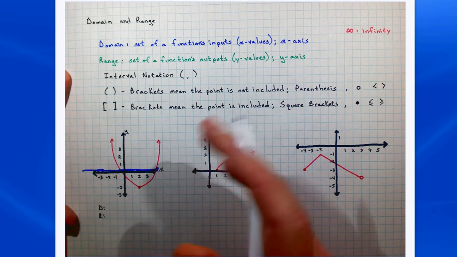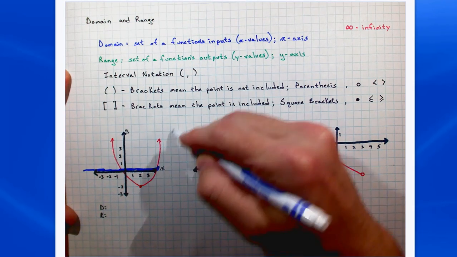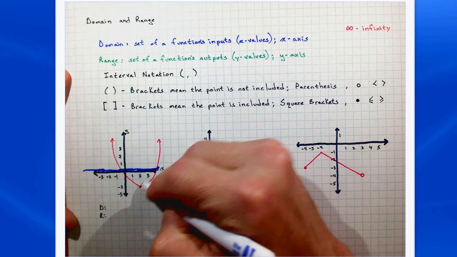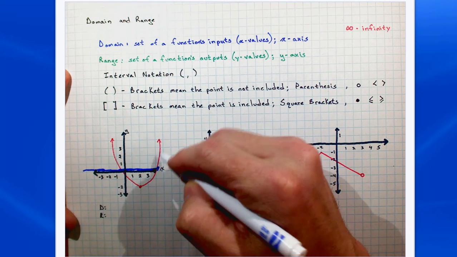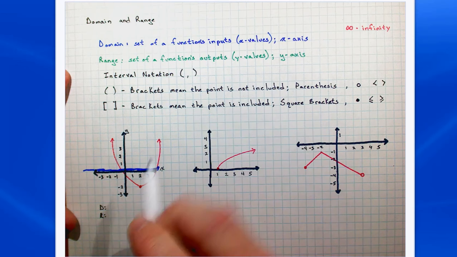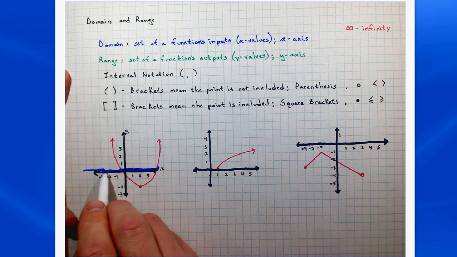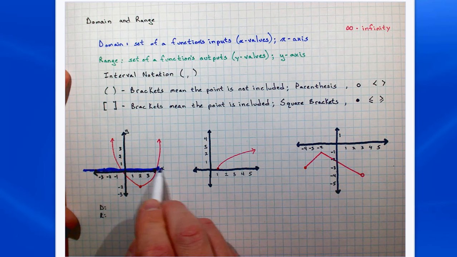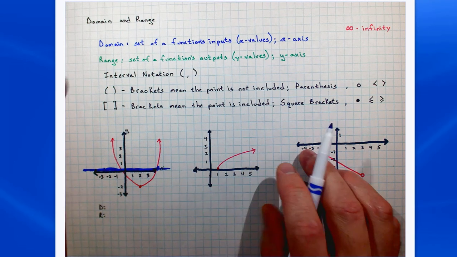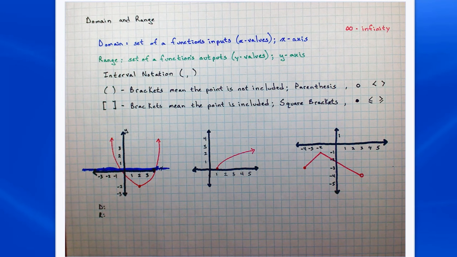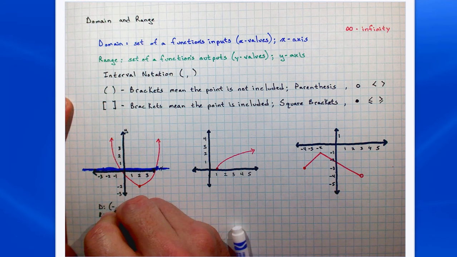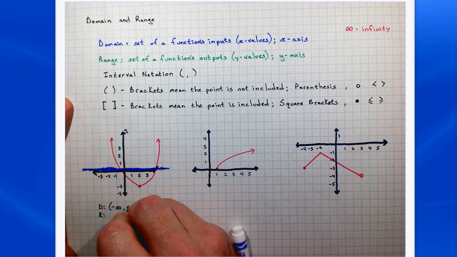If I had a huge piece of paper, these lines would just continue to go out. Now forgive my drawing ability. This is not a good looking parabola, but the context is the same: it continues on and on. So my domain will be from negative infinity to positive infinity.